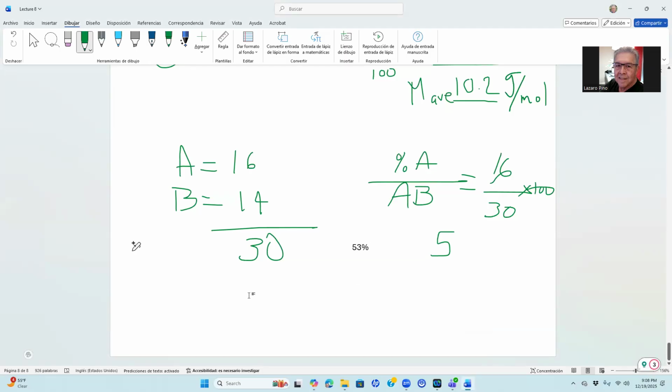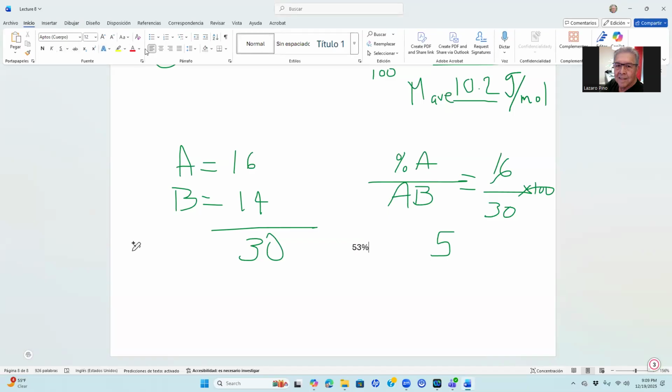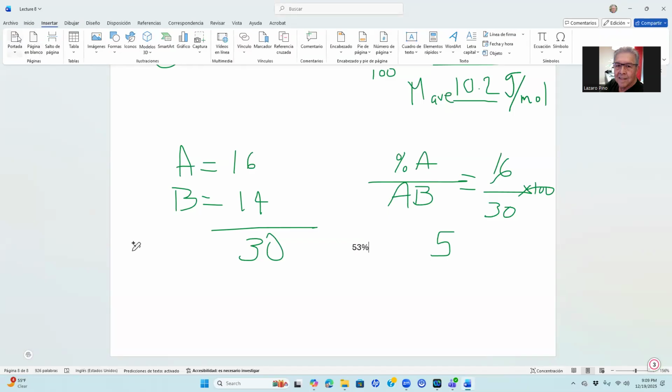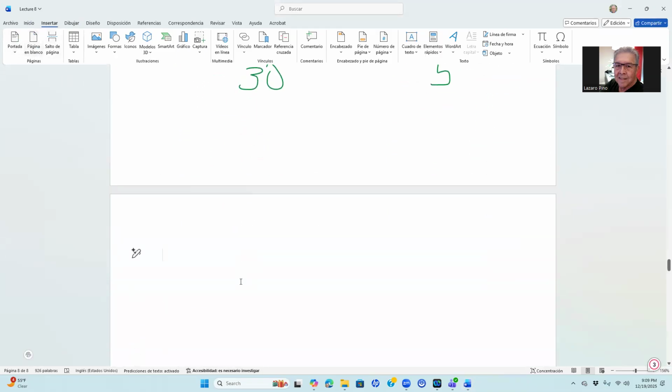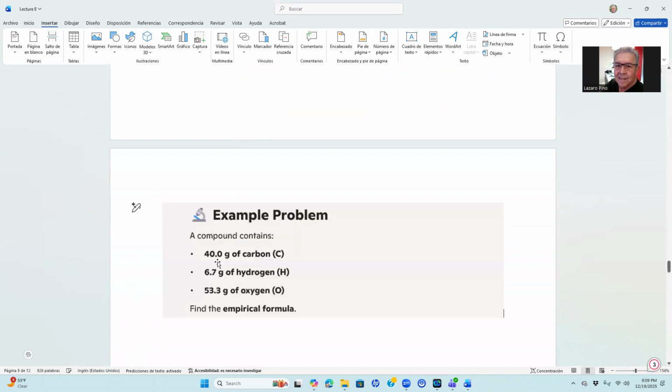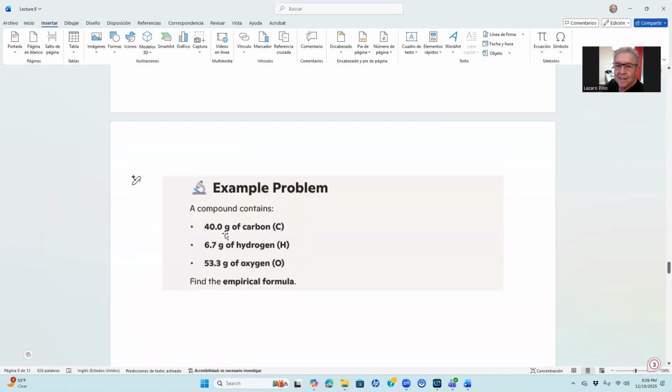Let me open here a new page, a blank page. Okay, here we go. Then this is the data that is given.